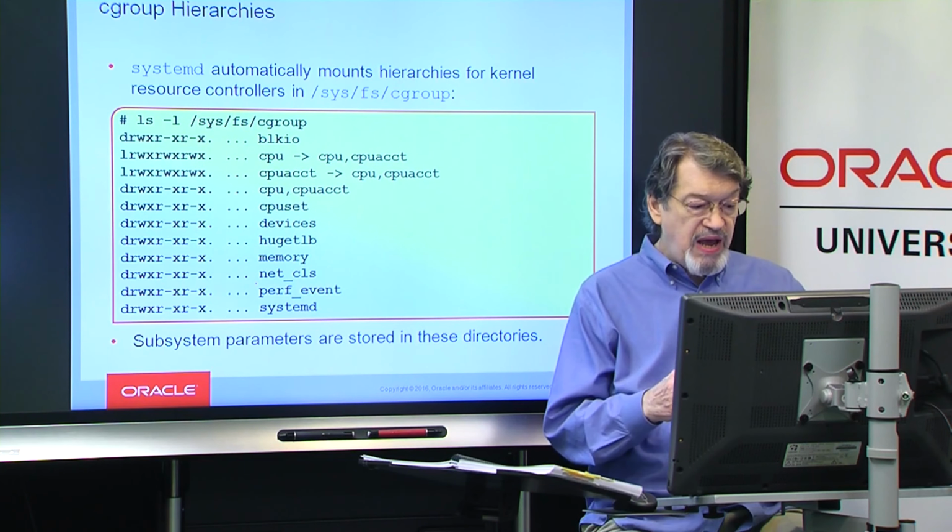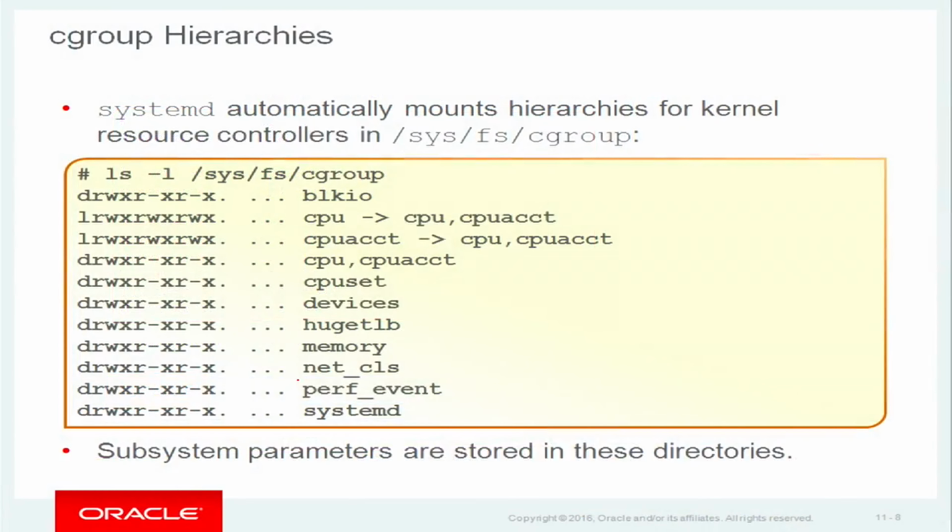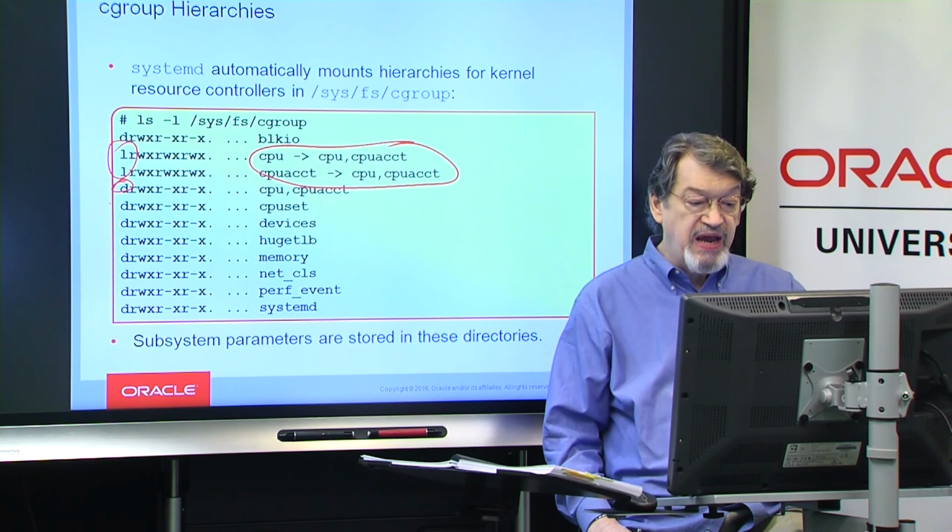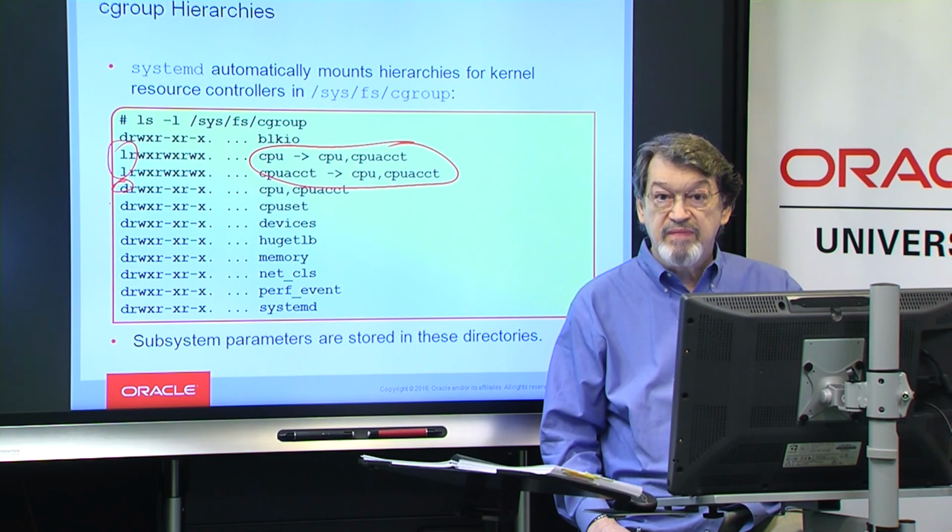Now, you have the flexibility to change the hierarchy. In the previous example, we built this new hierarchy. CPU and CPU account are now put into cpu,cpuacct. Notice that those are links, and here is the actual directory where the CPU and CPU account are stored.